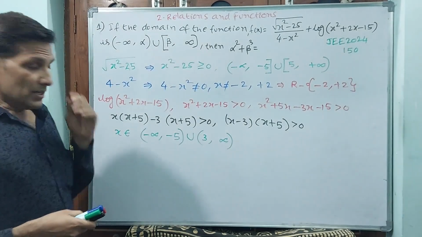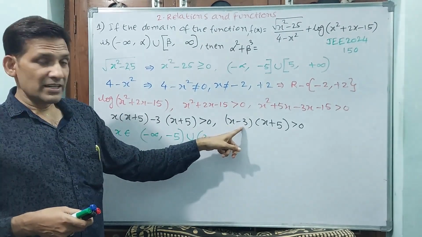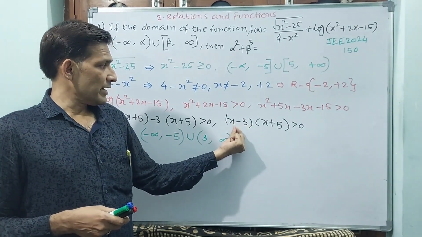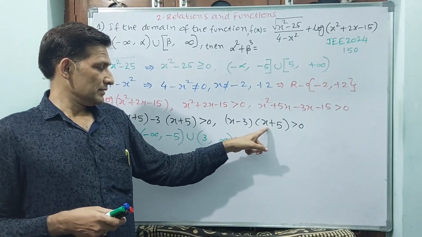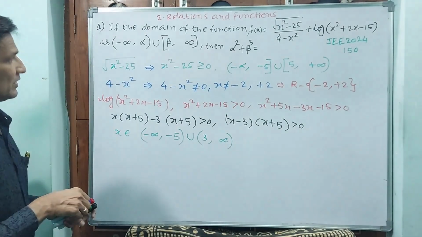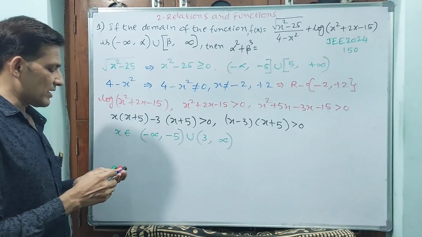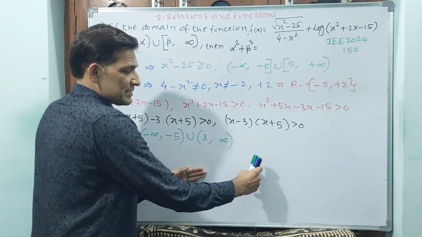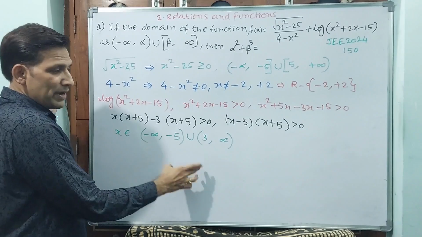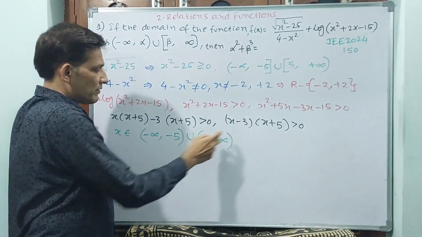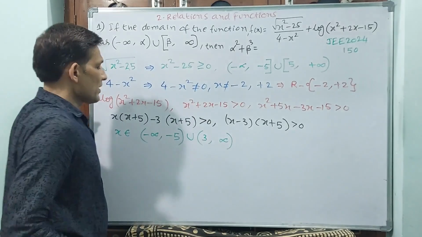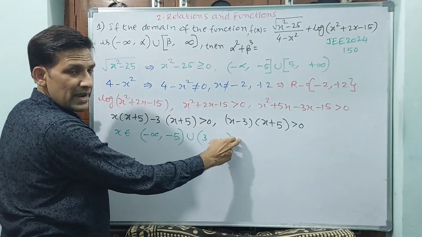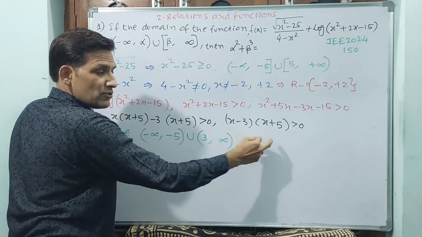Minus 5 you cannot give. Afterwards I will draw the diagram. Up to minus 4, afterwards minus 3 will come, afterwards plus 3 will come, afterwards plus 5 will come. Up to minus 5 only you can give, but minus 5 you should not give. Open interval here. Take minus 6: minus 6 minus 3 is minus 9, minus 6 plus 5 is minus 1, minus into minus is plus.